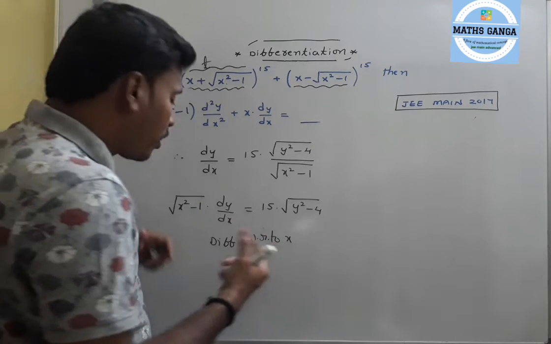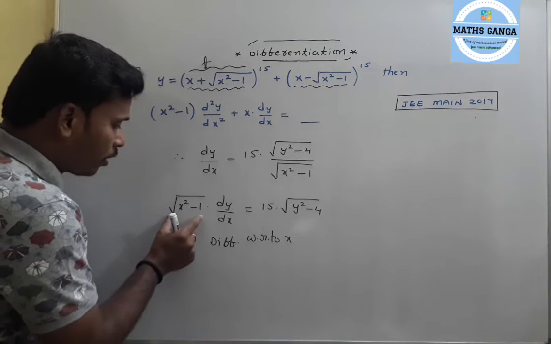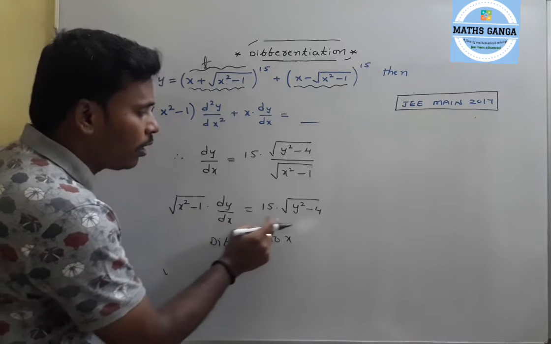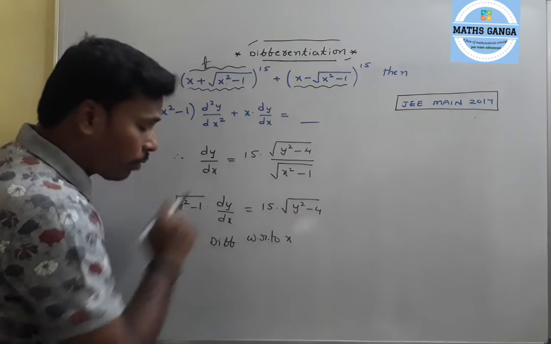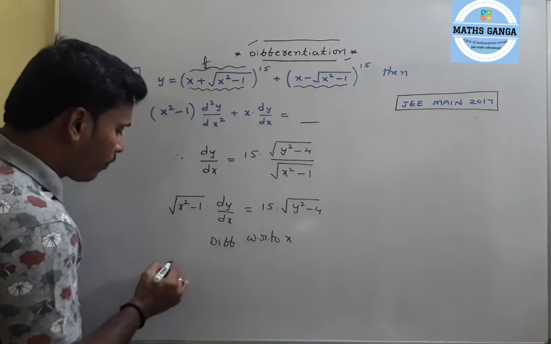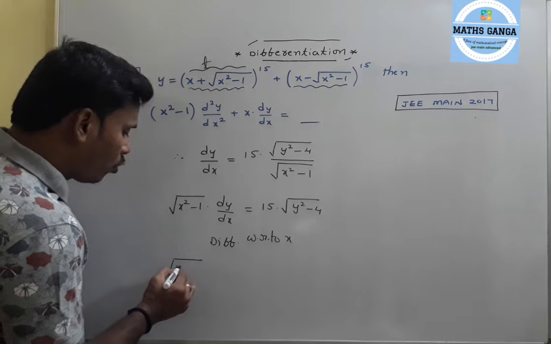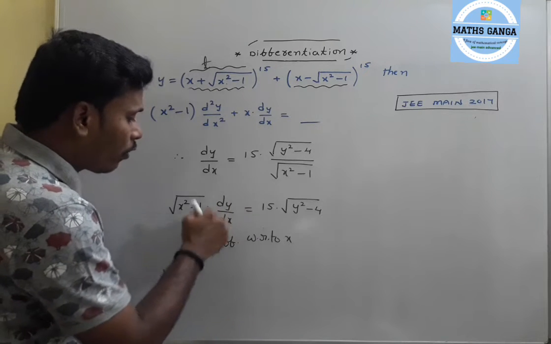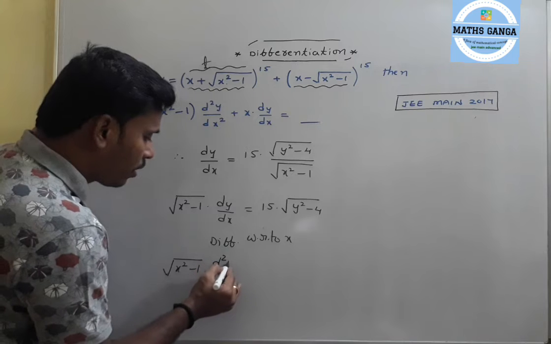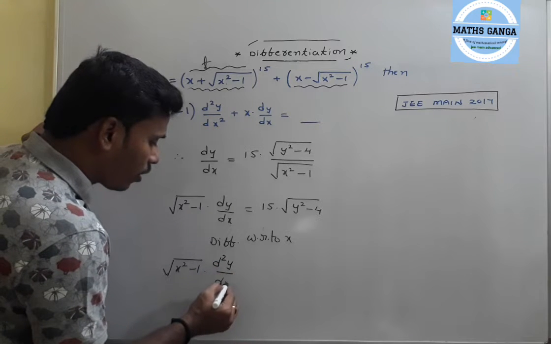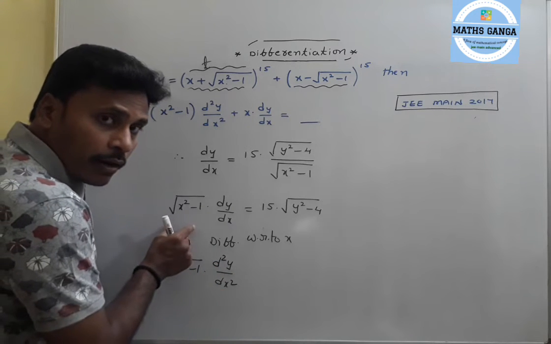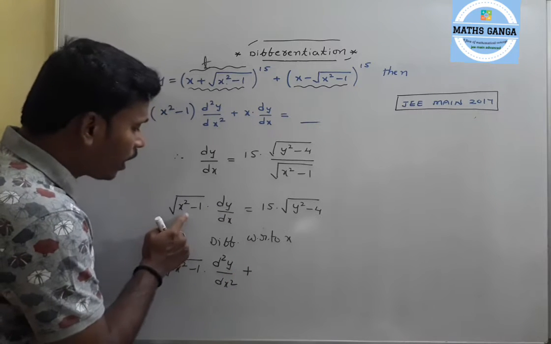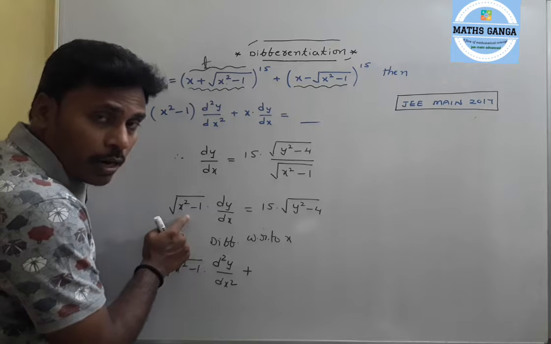If you differentiate with respect to x, what will happen? See here, left side we need to use the product rule, u into v. Right side is simply this root y square minus 4. Product of these two, right? First term root x square minus 1 into derivative of this, dy by dx, is d square y by dx square. F into the derivative of g plus derivative of this root x square minus 1. What is it?